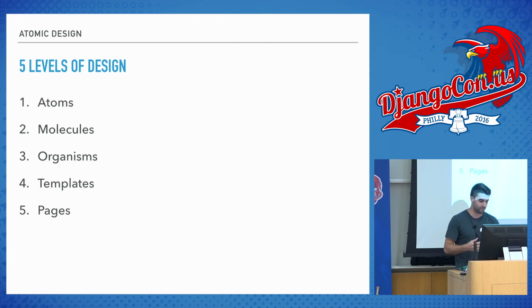I'm going to go over this really quick. I'm not a designer, I'm just trying to explain how we can integrate this. So really 5 levels: atoms, molecules, organisms, templates, and pages. I realize that this isn't exactly a great analogy with biology and then templates and pages, but this is kind of how they've created that.